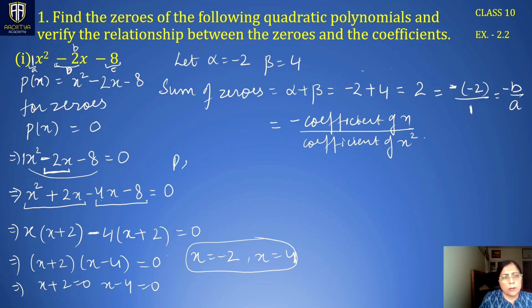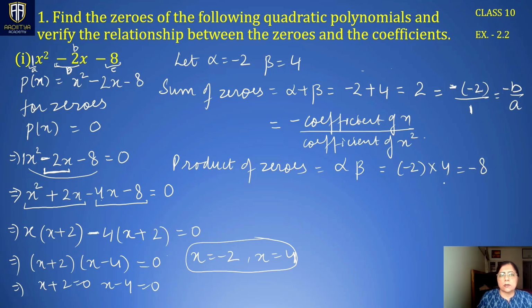Now we go for product of zeros. Product of zeros is equal to alpha times beta. Alpha here is negative 2 multiplied by positive 4, which is equal to minus 8. Minus 8 can be written as minus 8 over 1. What is minus 8?